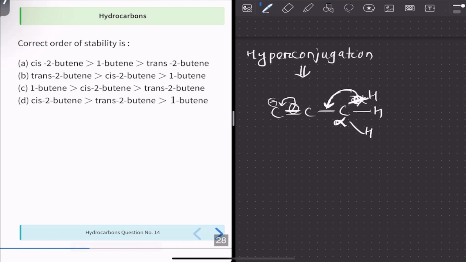So the more the hyperconjugation, the more stable the molecule. To find which molecule has more hyperconjugation, we have to find the alpha hydrogen numbers. The higher the alpha hydrogen number, the higher the hyperconjugation and the higher the stability.